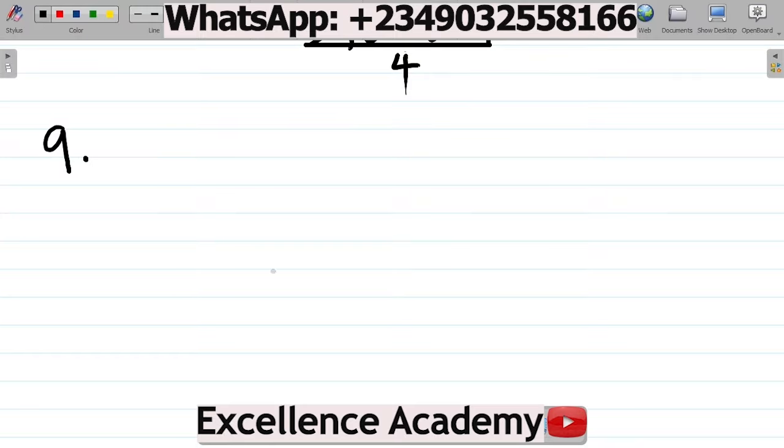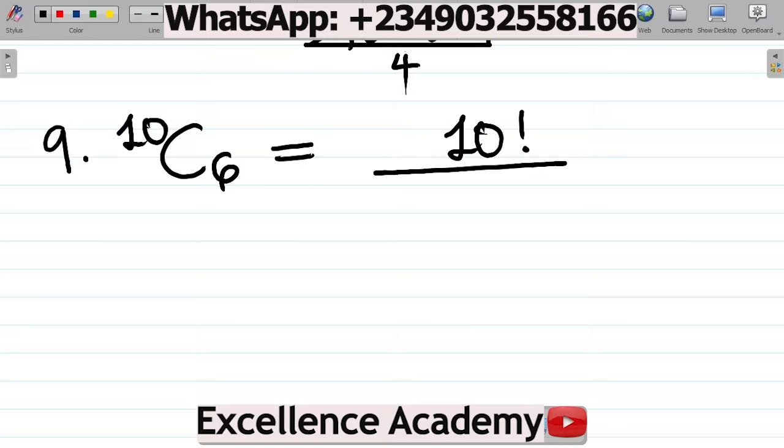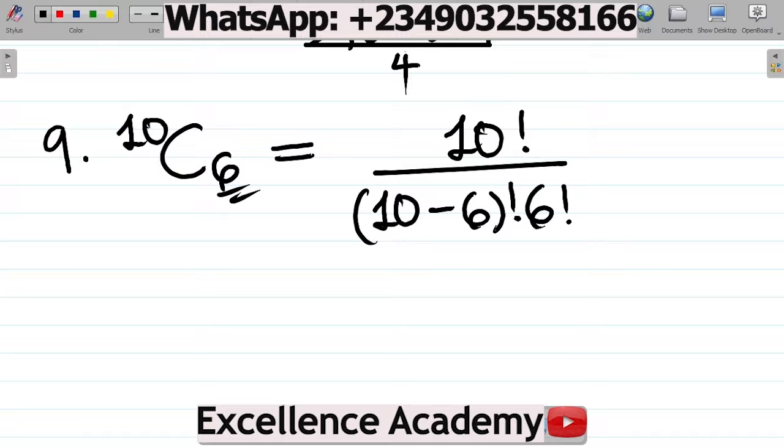And when it comes to selection, what we do is simply combination. Selecting 6 out of 10 becomes 10 combination 6. And 10 combination 6 is expressed as 10 factorial all over 10 minus 6 factorial, and then 6 factorial.